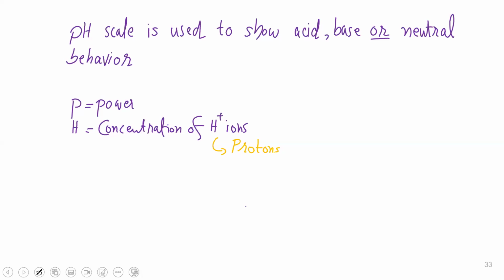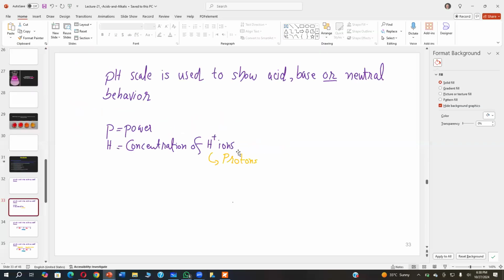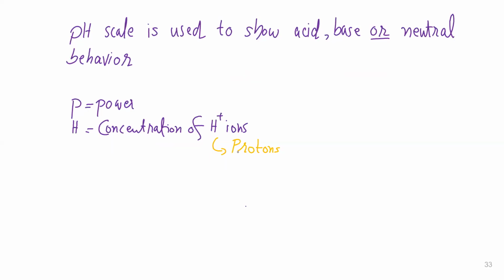Yes, that is why H plus ions are called protons. So that is why a famous definition will come, that acids are proton donors. Acids are proton donors. This is a very famous definition. Till A level it will come, and it is one of the most famous definitions.